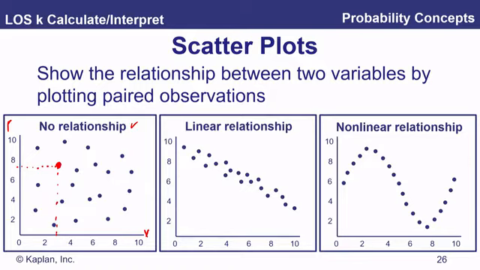Knowing the outcome of one, maybe this was the 13th period right here, knowing in the 13th period that our x variable was 4, does that tell us anything about our y variable? Not so much. That's the no relationship case.